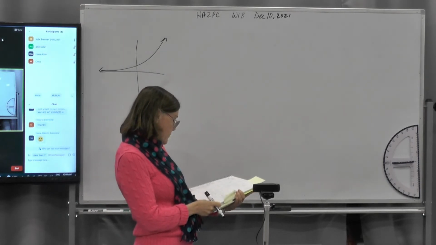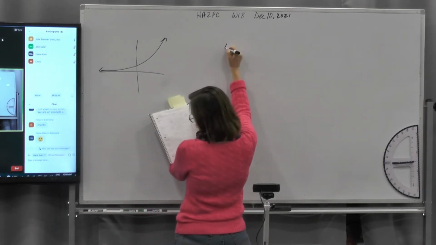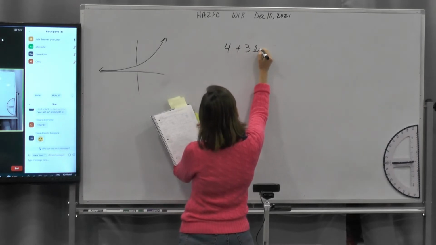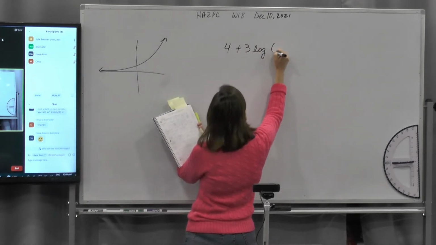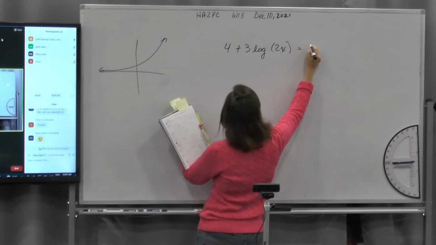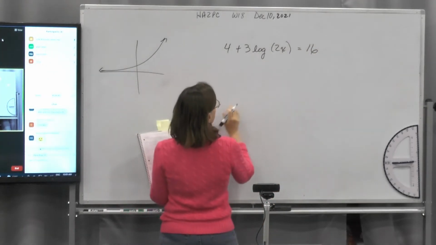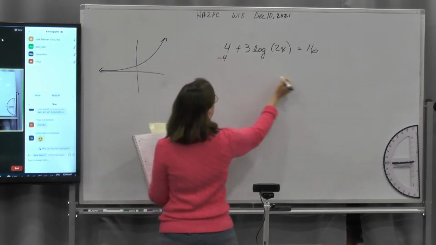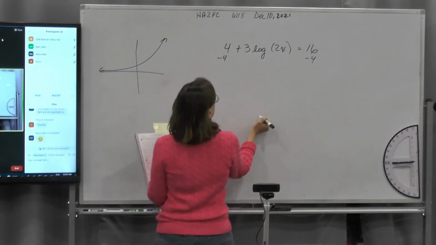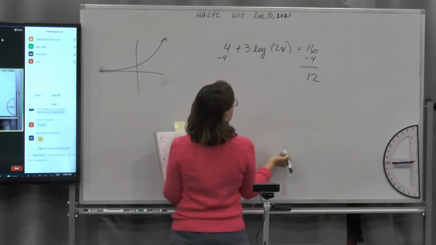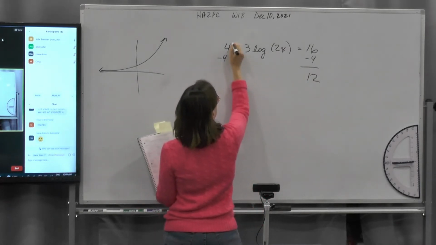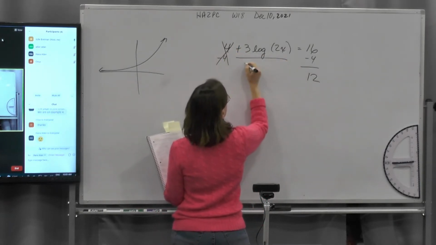So, example 7, I don't think this one's really that big of a deal. We've already been doing these. They just take practice. Step 1, isolate your log by subtracting the 4. So I'm going to get 12 here, and then I'm going to divide by 3.